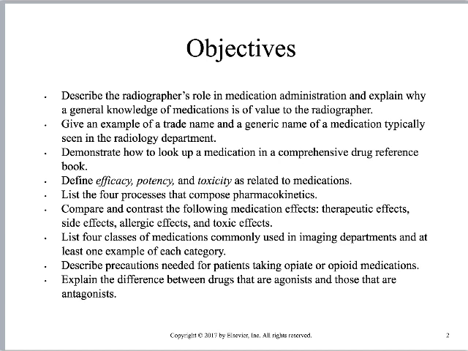So if there's a critical thinking component for this lecture, that's it. We're going to talk about different effects that medications can have. We'll talk about different classifications of medications and precautions that we need to exercise for patients who are on any kind of opiate or narcotic, because those can have really important ramifications to how we're taking care of that patient. And then talk about agonists and antagonists.